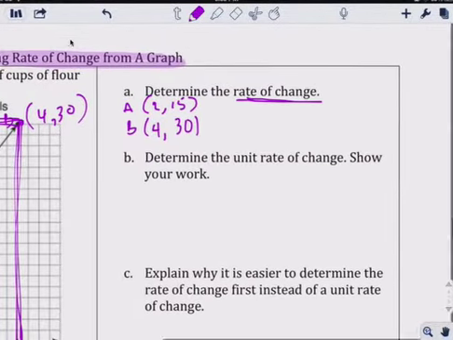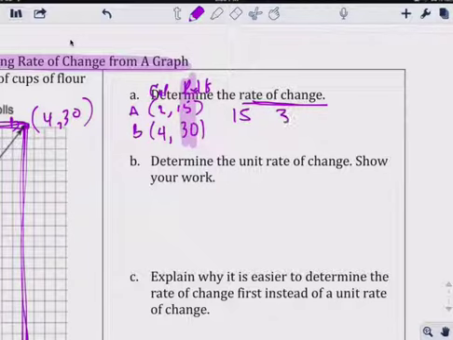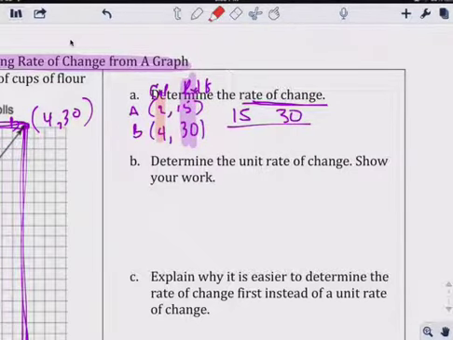Okay, so let's look at, this is the cups. These are the rolls. Remember, subtract the rolls first, the Y first. See how many rolls it makes per cup. So the change is from 15 to 30, and then 2 to 4.